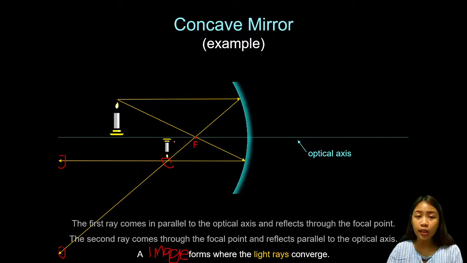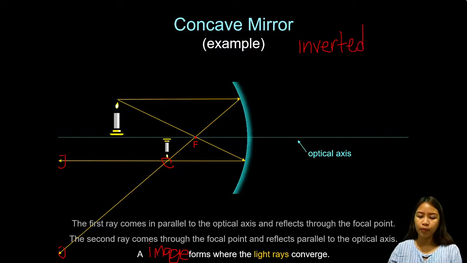Again, this is located below the optical axis. Okay, and what else? Since located siya sa dalom ng optical axis, if you're going to take a look on it, it is inverted. So, ano na siya nga type of image ang na-create ng aton nga concave mirror? This is inverted.